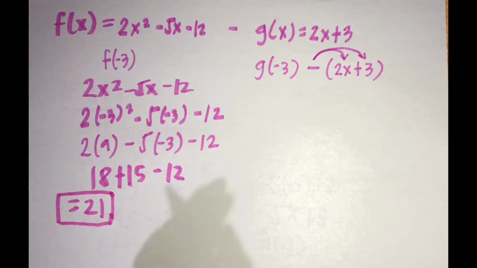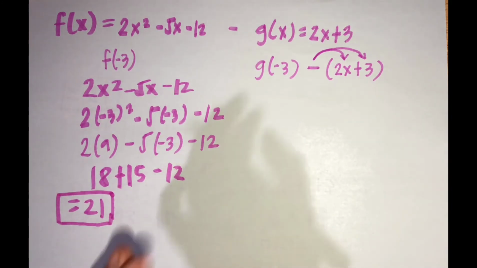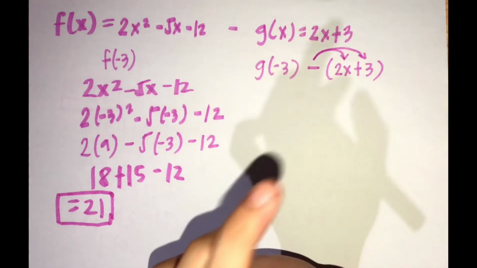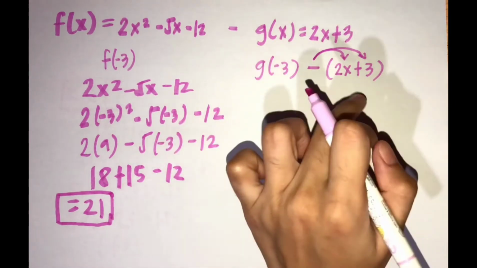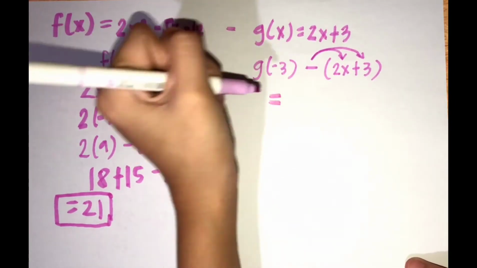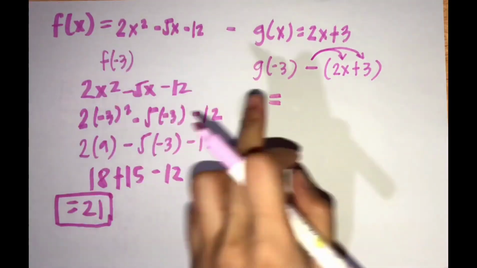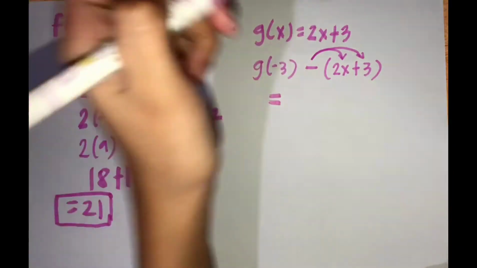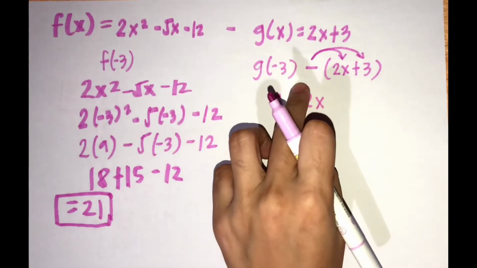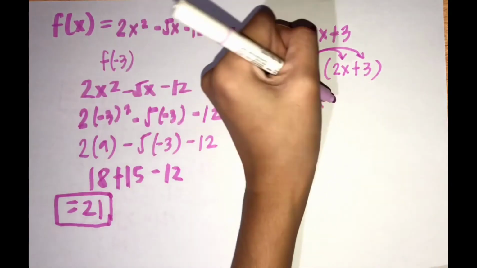For our g of negative 3, we have to multiply the negative sign to our g of x. So that's going to be negative times 2x is equal to negative 2x. Negative times 3 is equal to negative 3.